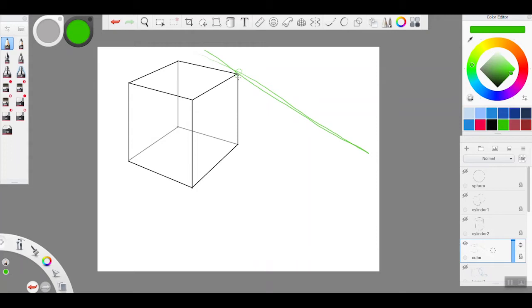So this angle line is touching this corner. There's going to be a direction line which, as I mentioned previously, corresponds vertically beneath where the angle line is touching. So this direction line is going to go through this back corner here.